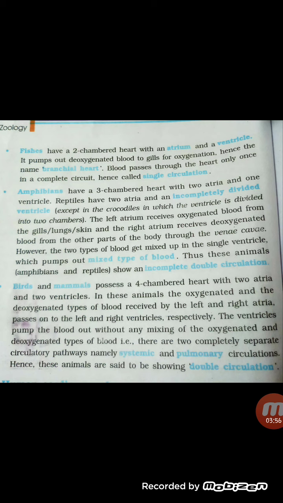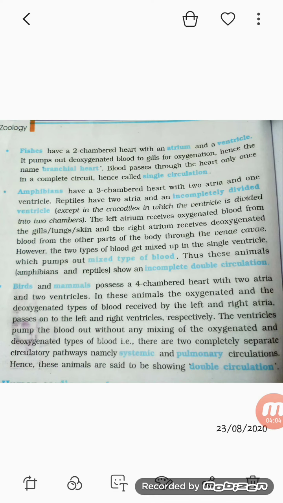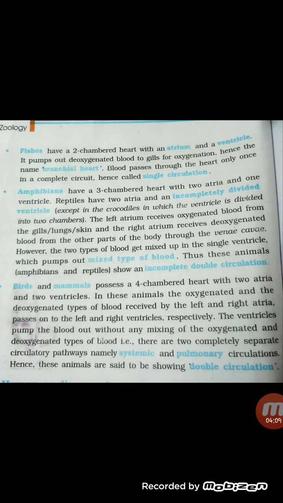Next, coming to the second group, amphibians. Amphibians have 3 chambered heart with 2 atria and 1 ventricle. Third one is reptiles. In the reptiles, incomplete double circulation is present.